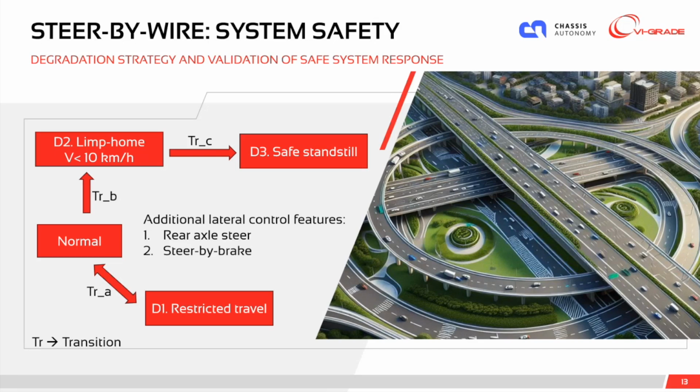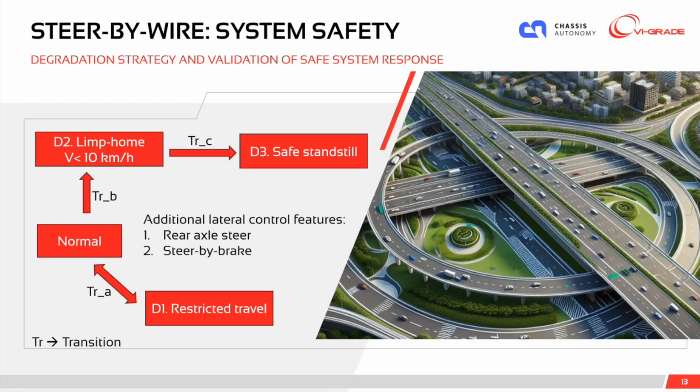The system safety standards actually allow for additional lateral guidance in case of problems. So they also allow for the system to have rear axle steering, or also something called steer by braking. Now, if you're a vehicle architect, let's say you decide, I want rear axle steering in every future vehicle.